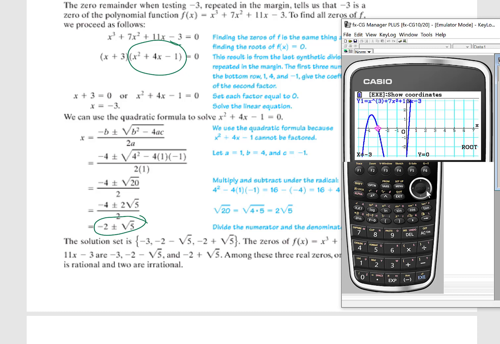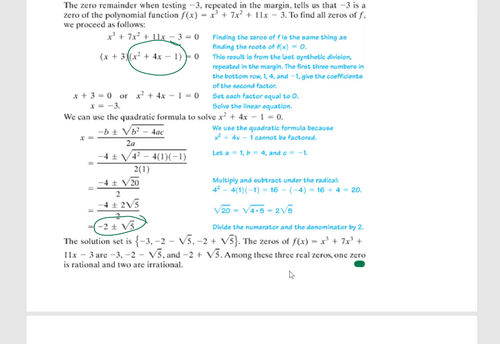So that was the one that they used the remainder theorem to identify, but we could have just graphed it and found it. And then there's that other part of that irrational root. So here are my answers, with these two being those irrational ones.